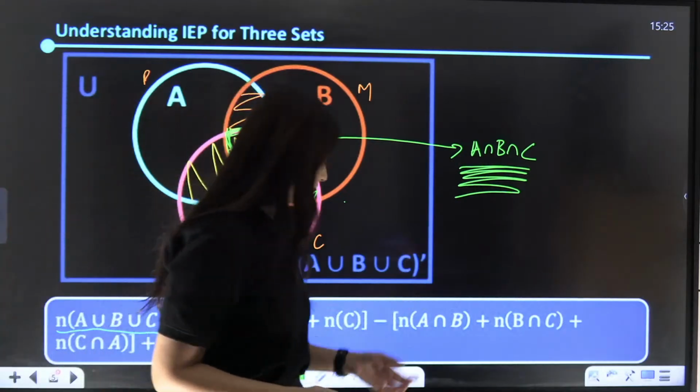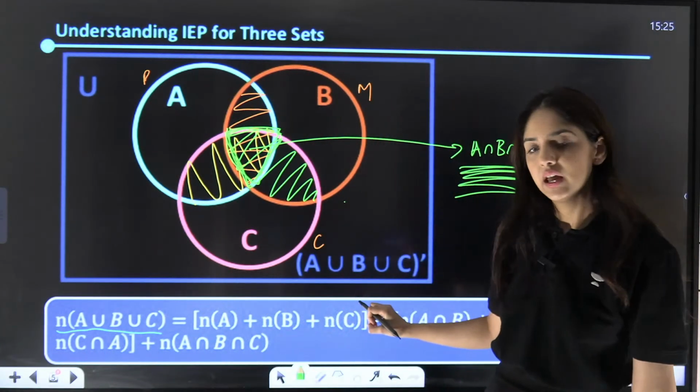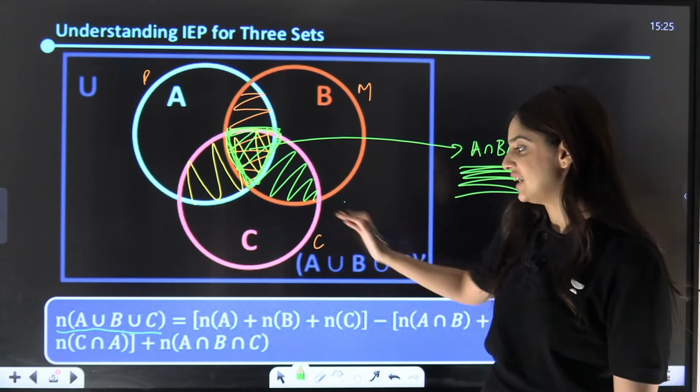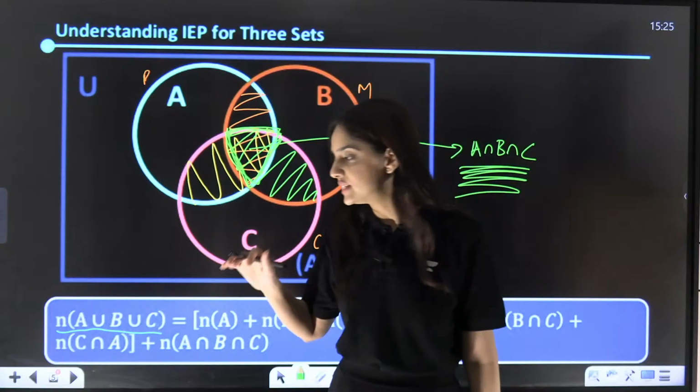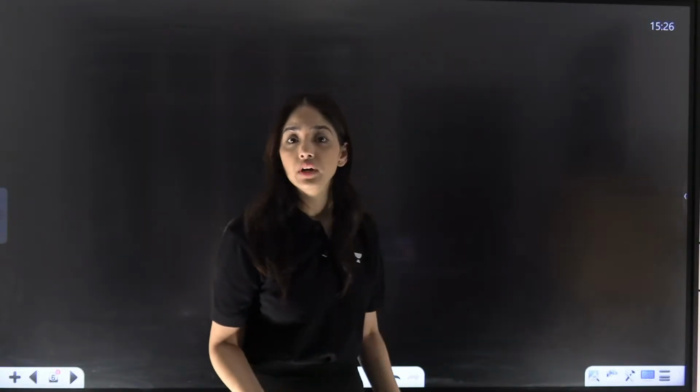So, this kind of a formula where we first take 1 at a time and add them, then subtract 2 at a time, then add 3 at a time. So this is the generic formula that you're going to get for any number of sets.